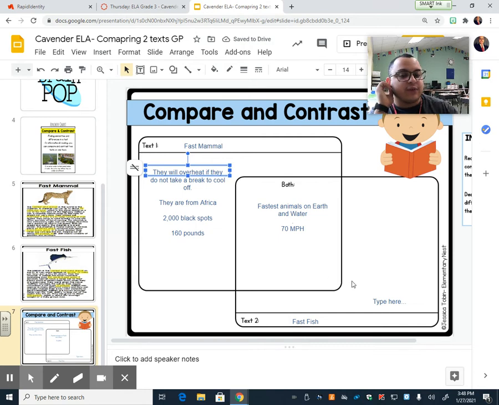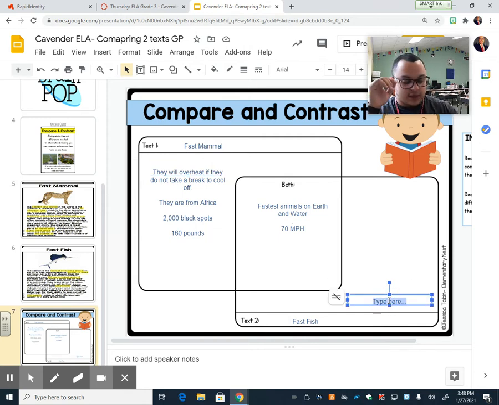Well, how is that different from the fast fish? Well, let's look at what the fast fish can do. The fast fish can go almost 70 miles per hour. They can swim 100 yards in under 5 seconds.